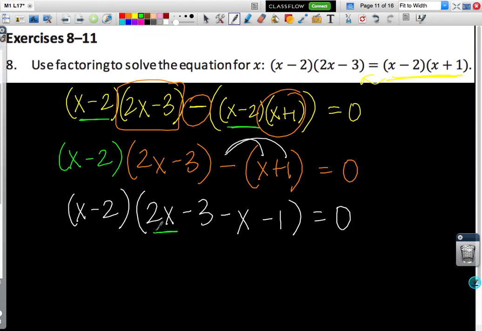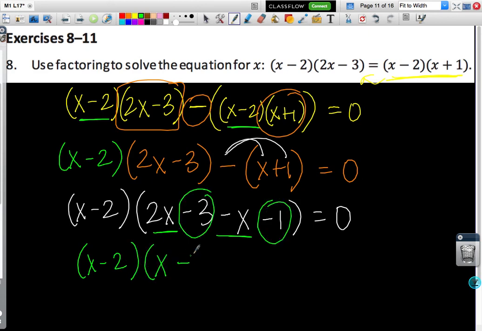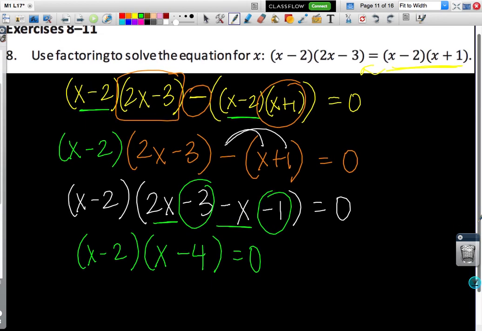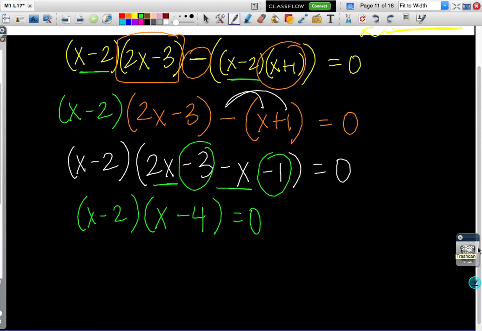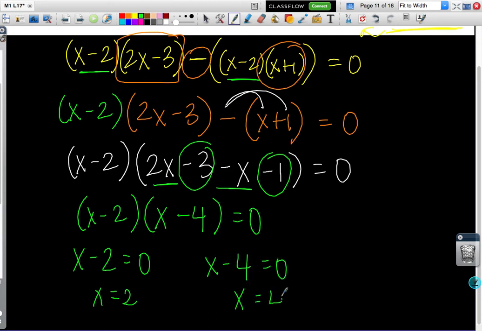Combine like terms. 2x - x leaves you x, and negative 3 minus 1 leaves you negative 4. Take both your factors, set them equal to 0. x - 2 = 0 will give you x = 2, and x - 4 = 0, when you solve it, you get x = 4, and you're left with the solutions of 2 and 4.